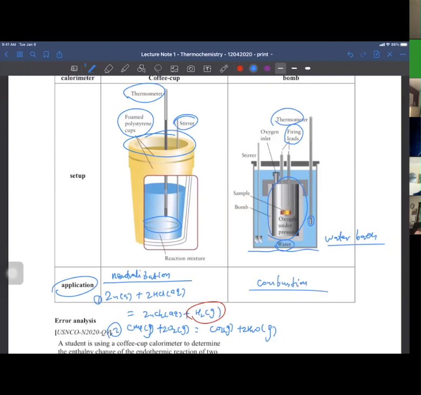Typically, the bomb calorimeter is not as important as the coffee cup one, but I listed it here for comparison. Different types of reaction need different setups or equipment to measure the heat. You also have a stirrer because you want to make sure the temperature is uniform in the water bath, so everywhere has the same temperature.